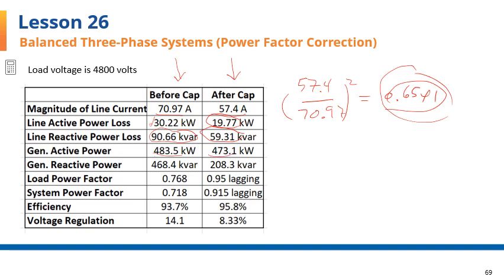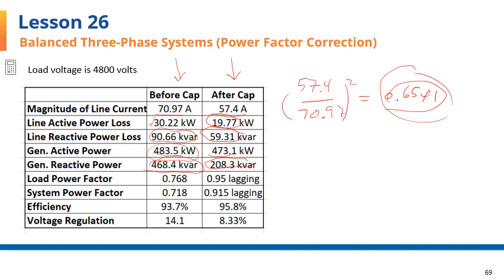That's because even though the real power consumption of the load has not changed from before installation of the capacitor compared to after, the line loss has gone down. So the active power generated by the generator has gone down. Also, the reactive line losses have gone down. So the reactive power generated by the generator has also gone down from 468 to 208 kilovars.